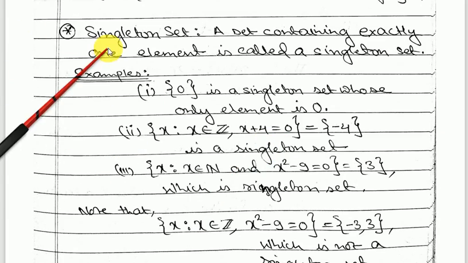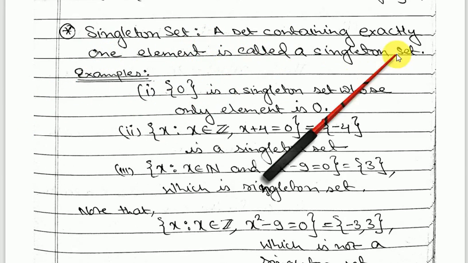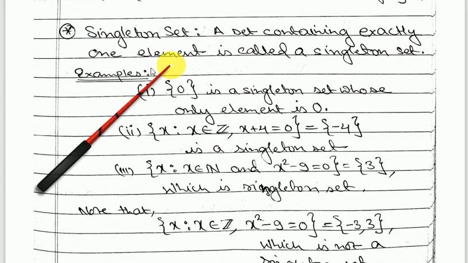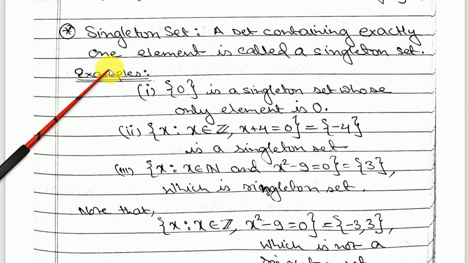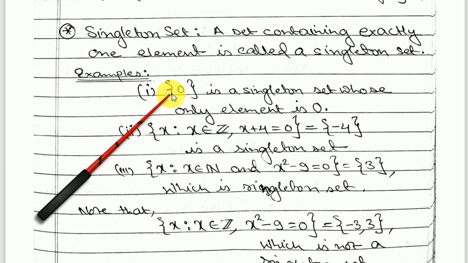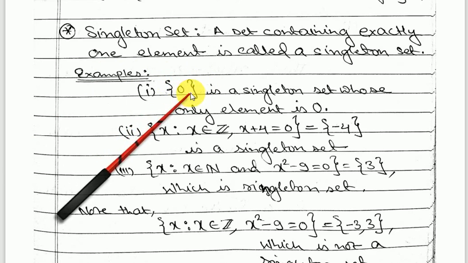Next is the singleton set. A set containing exactly one element is called a singleton set. So if you have got only one element in a set, then we call that set a singleton set. Like here, this set contains only one element, that is 0.